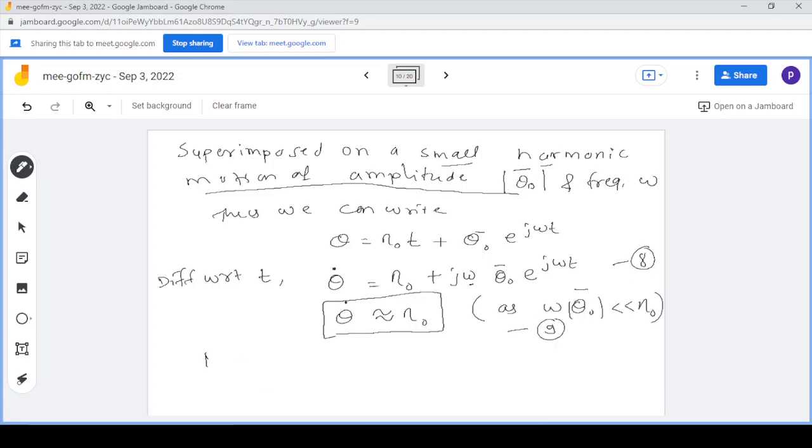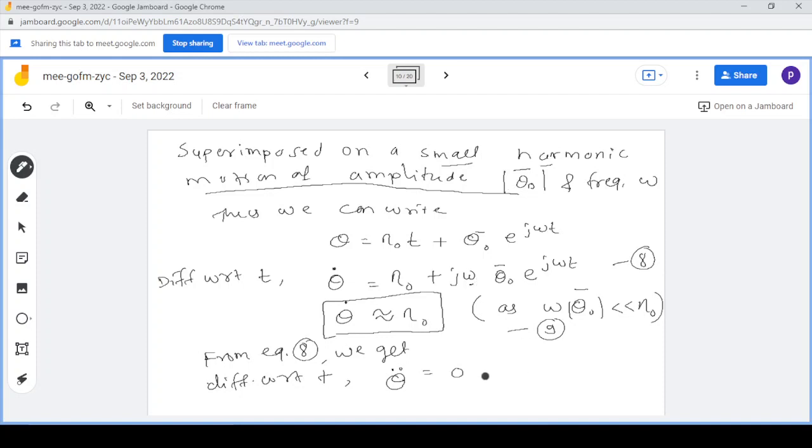Now from equation 8 we get theta double dot by differentiating with respect to t. What do we get? This will be 0, right? And here, look at this. This theta 0 j omega will be constant, so it is multiplied by e raised to j omega t. Again the differentiation of j omega t gives j omega into j omega.